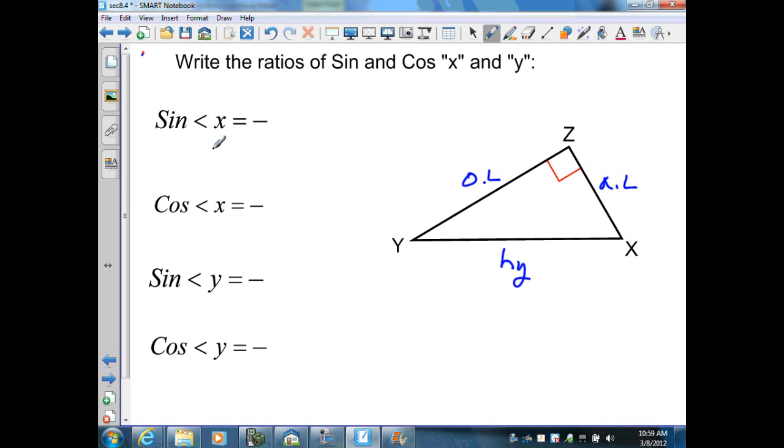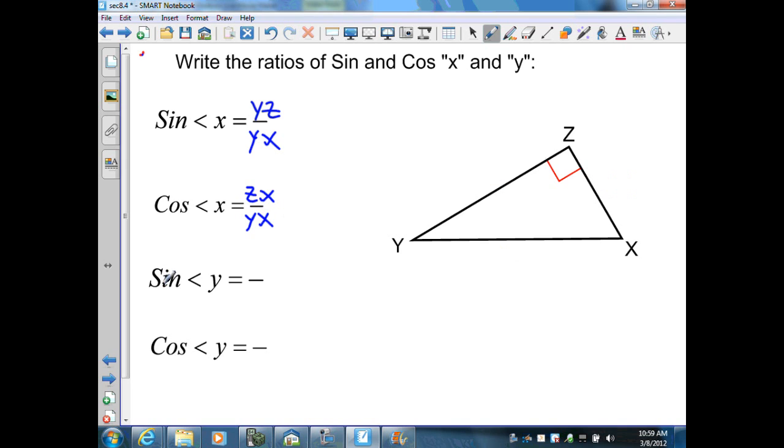Now all I need to do is to substitute into the appropriate ratio for sine, which is going to be the opposite leg, which here is YZ, over the hypotenuse, which is YX. For cosine, that ratio would be the adjacent leg, which is ZX, over the hypotenuse, which is YX.